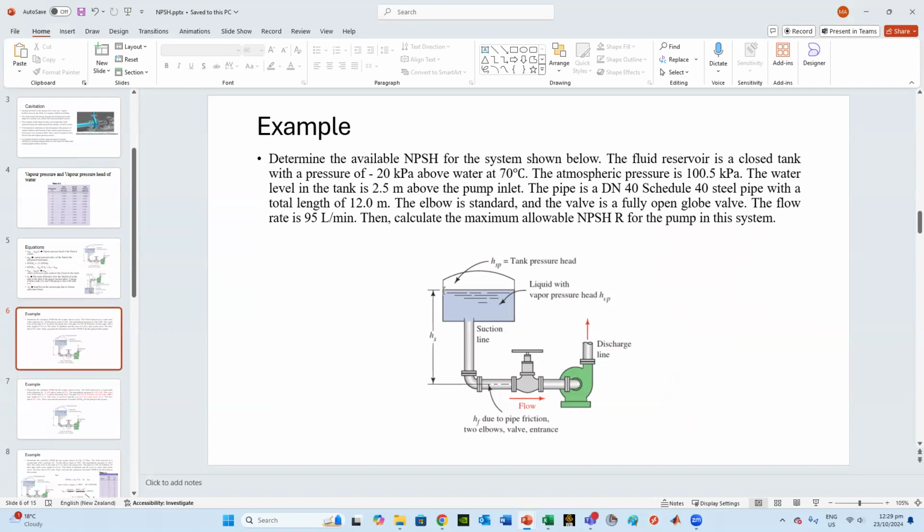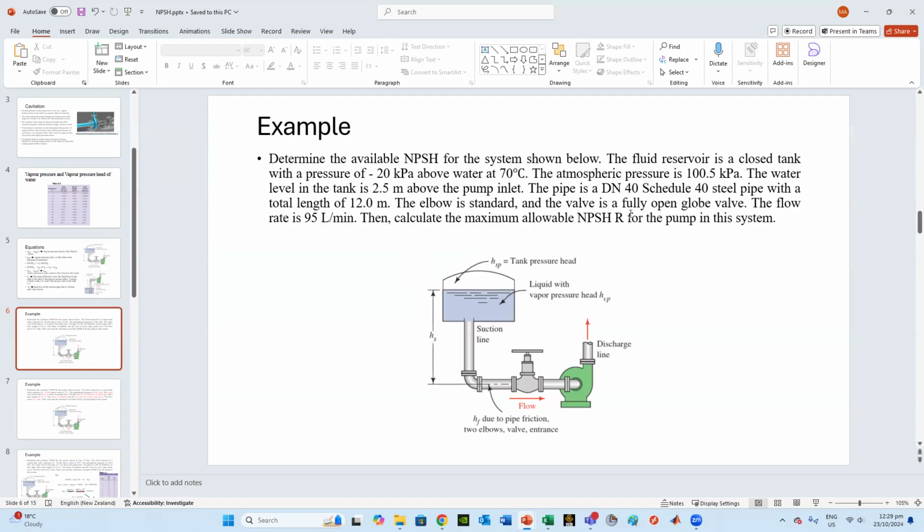So this is the question: determine the available net positive suction head for the system shown below. The fluid reservoir is a closed tank with a pressure of minus 20 kilopascal above the water at 70 degrees Celsius. The atmospheric pressure is 100.5 kilopascal. The water level in the tank is 2.5 meters above the pump inlet. That's telling you HS would be positive.